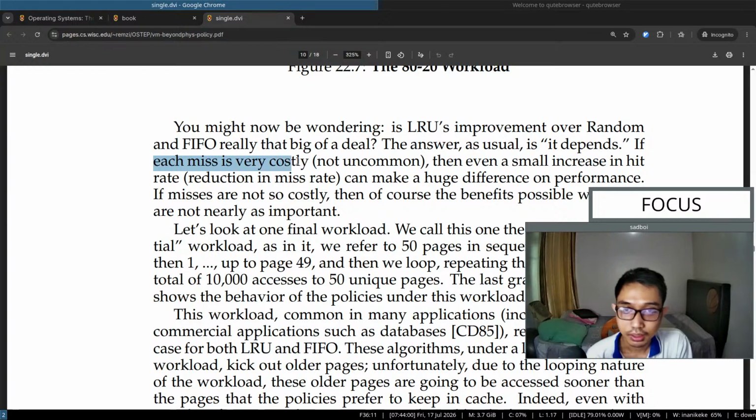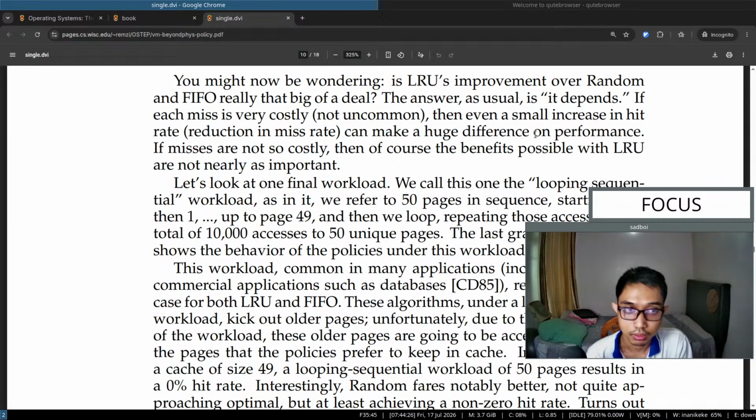If a miss is very costly, not uncommon, then even a small increase in hit rate, reduction in miss rate, can make a huge difference on performance.